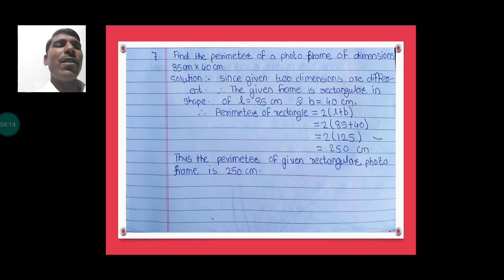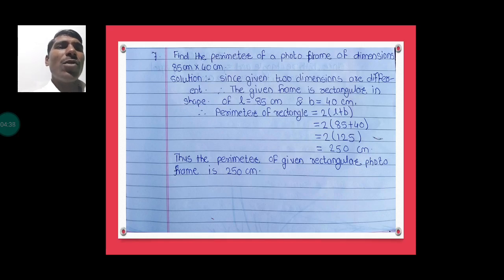What is the value of L? L is equal to 85 centimeter and breadth is equal to 40 centimeter. So 85 plus 40 gives the sum 125. So 2 in bracket 125 means 2 multiplied by 125, we will get 250 centimeter.